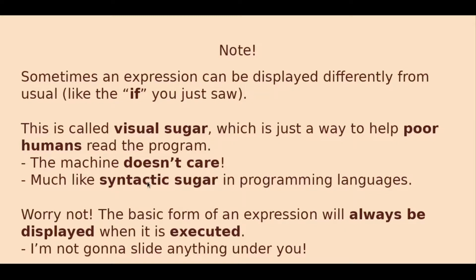If you know language design, this is called syntactic sugar in normal programming languages. And worry not: you might think that things are going to get more complicated since I'm adding more things to the language, but the basic form of an expression will always be displayed when it is executed. So don't worry, I'm not going to slide anything under you.